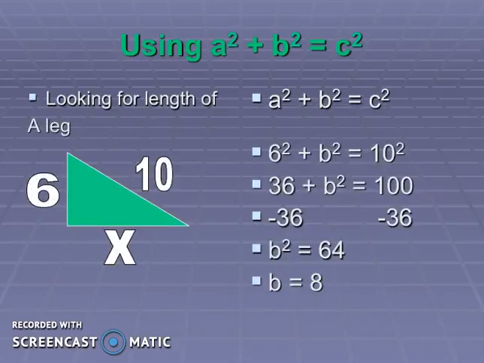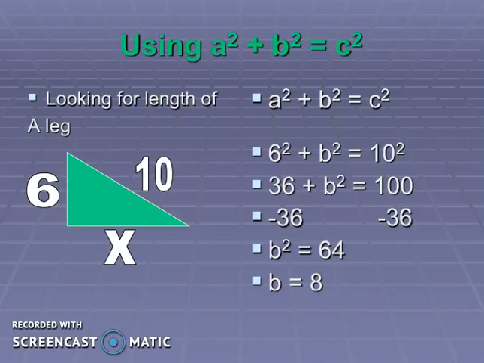Now, if we're looking for the length of a leg, in this case the length of the leg B, I beg your pardon, is unknown. A is 6 and the hypotenuse is 10. Again, all we're doing is substituting the values in, so we write 6 squared plus B squared equals 10 squared. 6 squared is 36, 10 squared is 100, so we need to determine what B squared is.